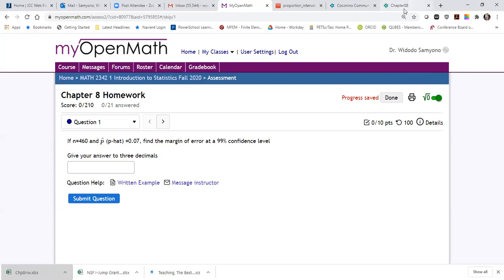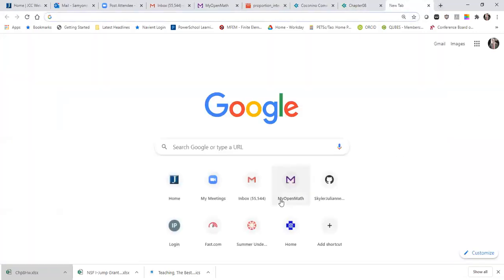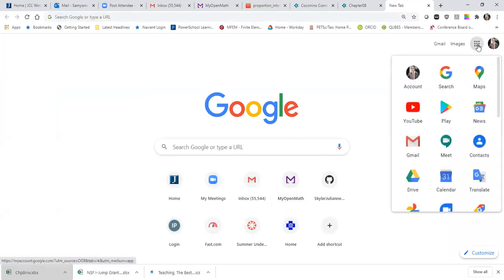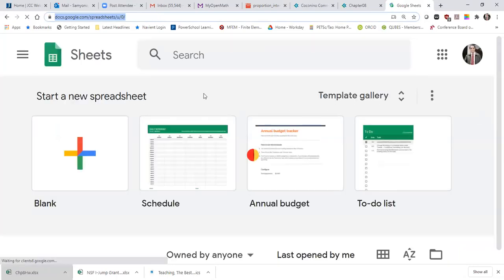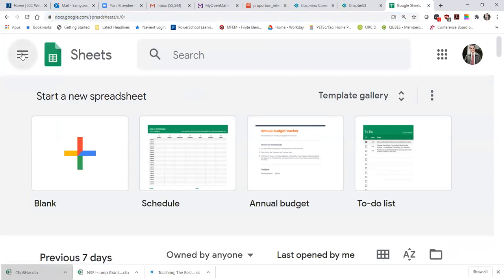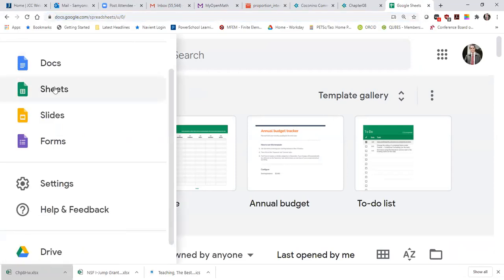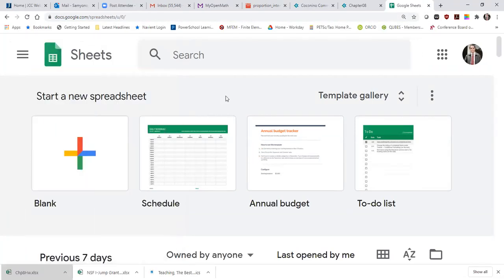Yeah, let me open it in Google Spreadsheet so you can easily see it. Okay. Okay, let's see.